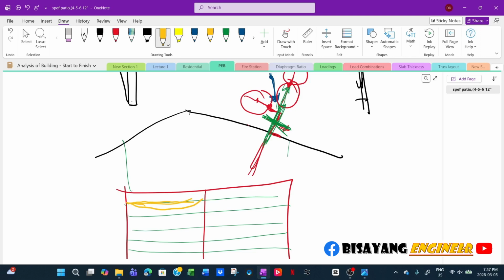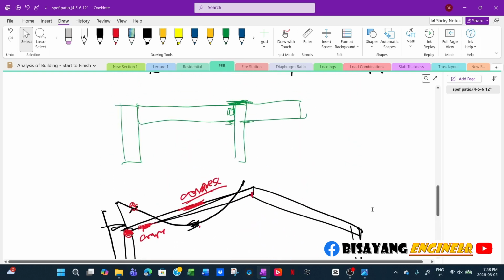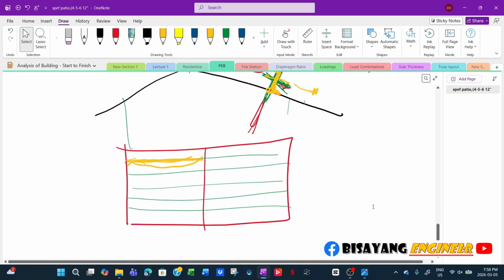For the bending along the major axis, because it is oriented this way, it is really strong, so that's fine. What would be the problem is the bending in this direction, in the minor axis, because the moment of inertia or the section modulus is small.